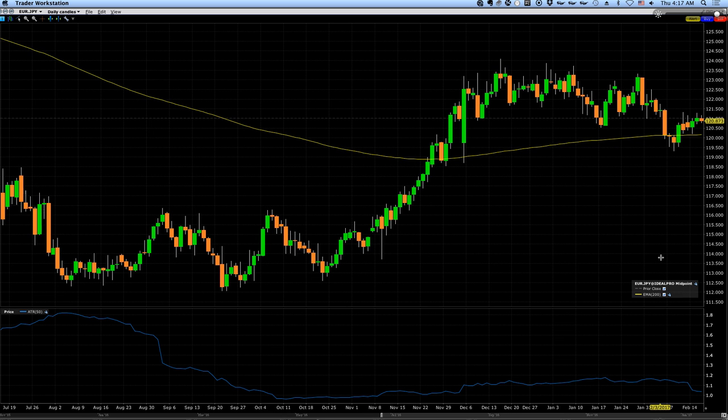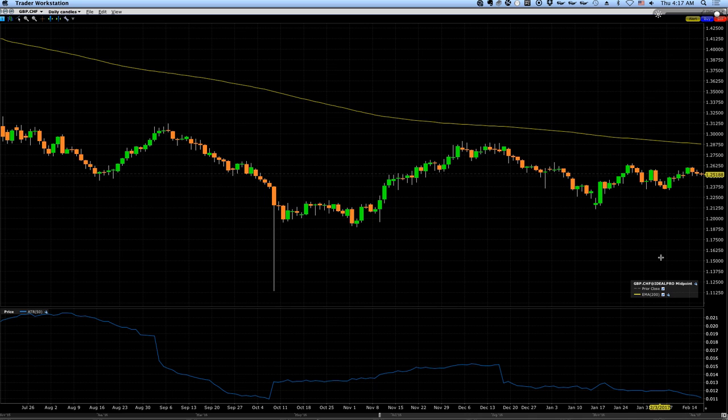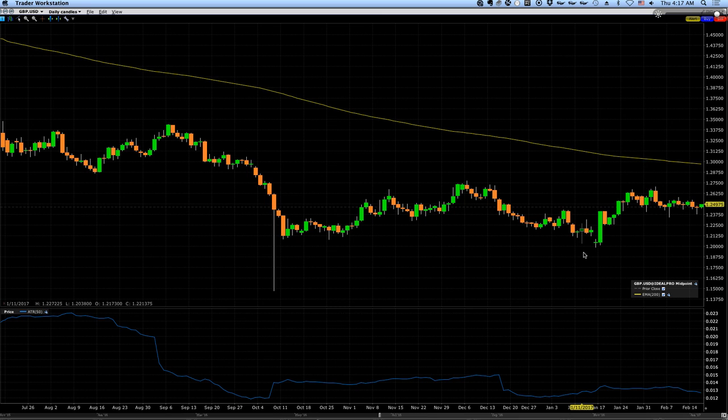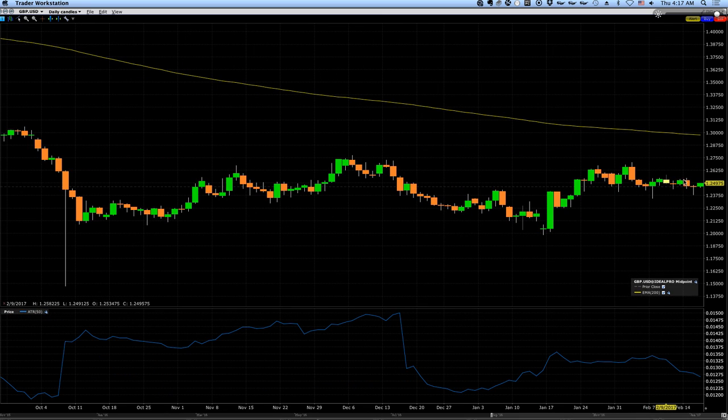Euro yen, not something I would do particularly. British pound also is something I stay away from, especially pound Swiss. Now cable, it could look into short, but if you shorted yesterday, you actually had a bit of a drawdown right now.